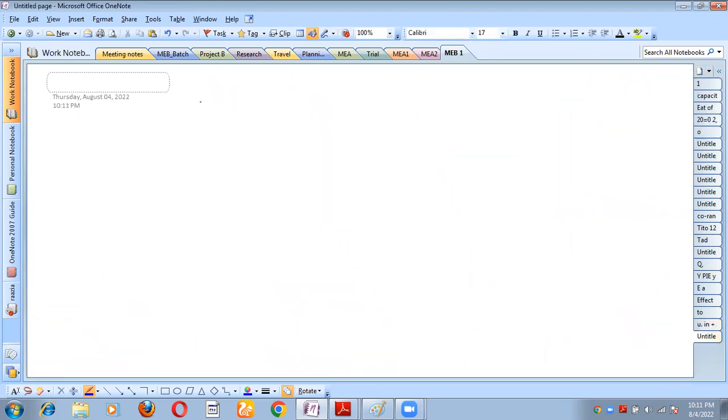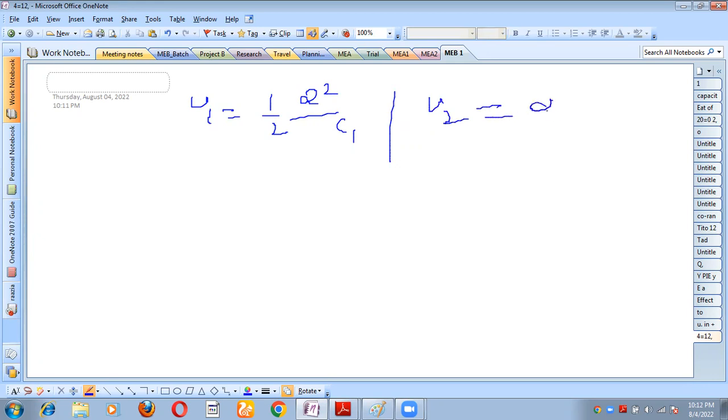See what happens. U1 is half Q square by C1, so Q square by 2C1. And U2 is Q square by 2C2, since here charge remains the same.